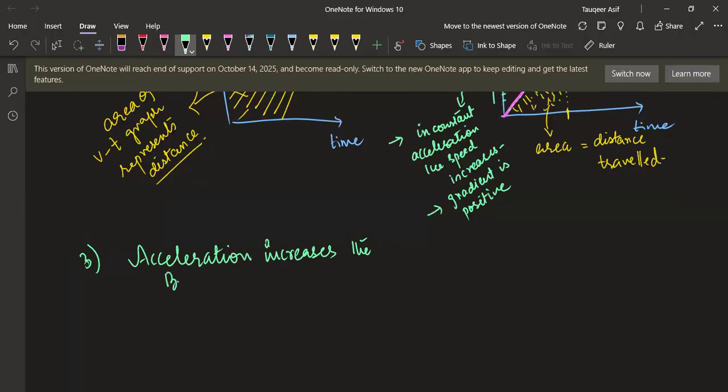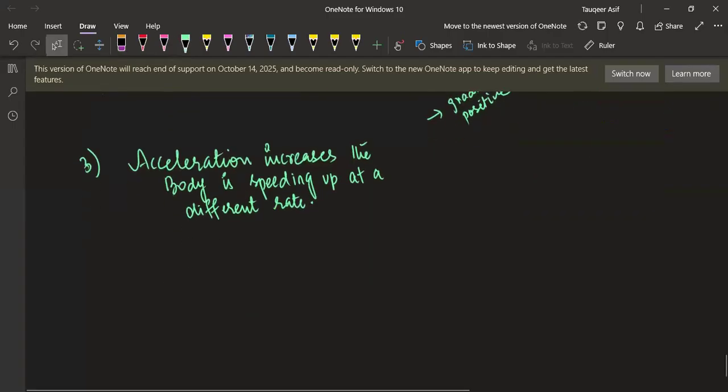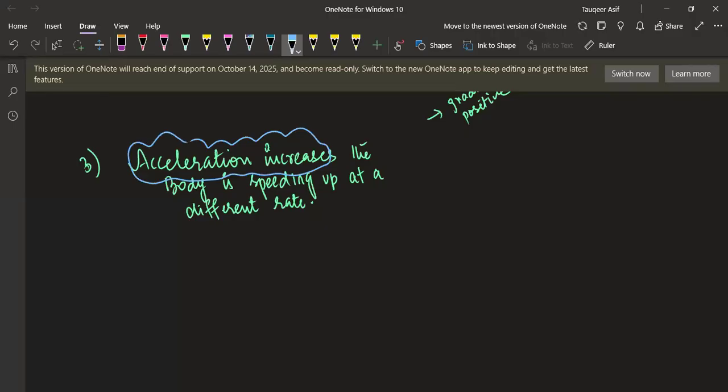The body is speeding up at a different rate. So since we are saying that the body is having non-uniform motion, and acceleration is increasing.